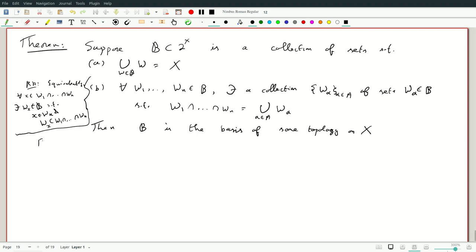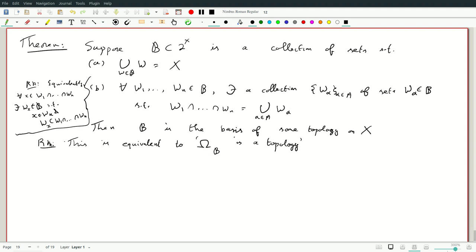Okay, and the other remark here is saying that B generates a topology is equivalent to omega B being a topology.